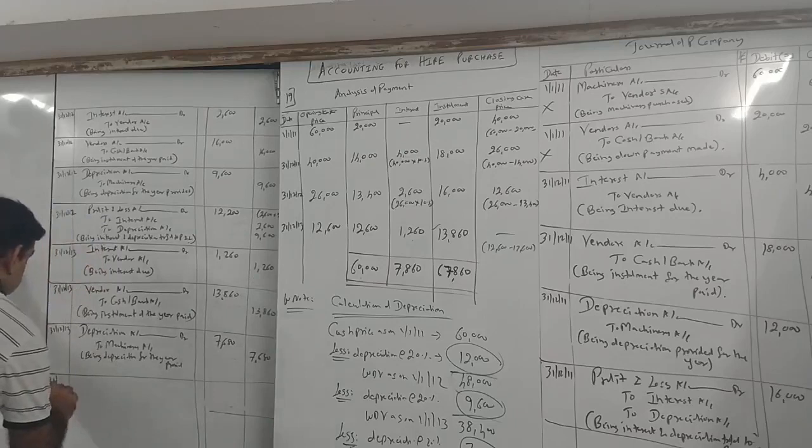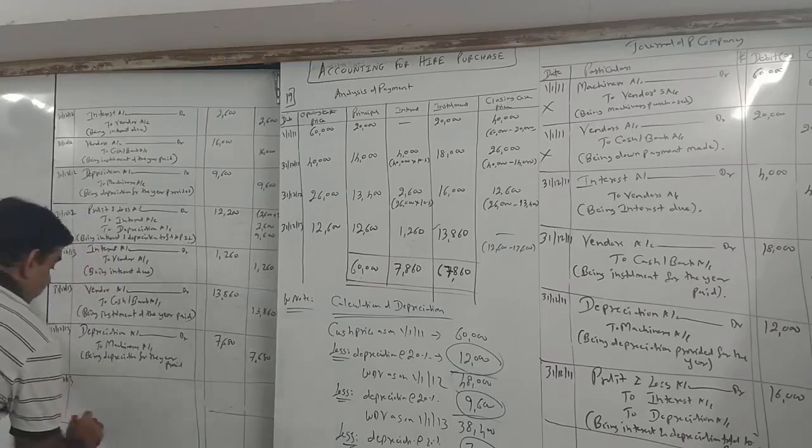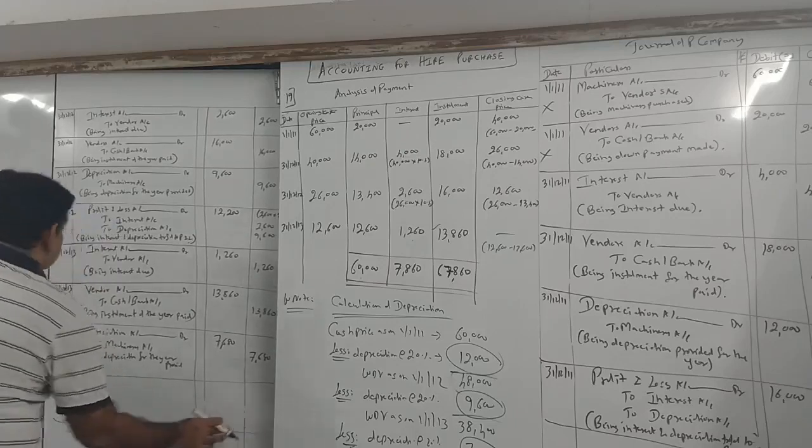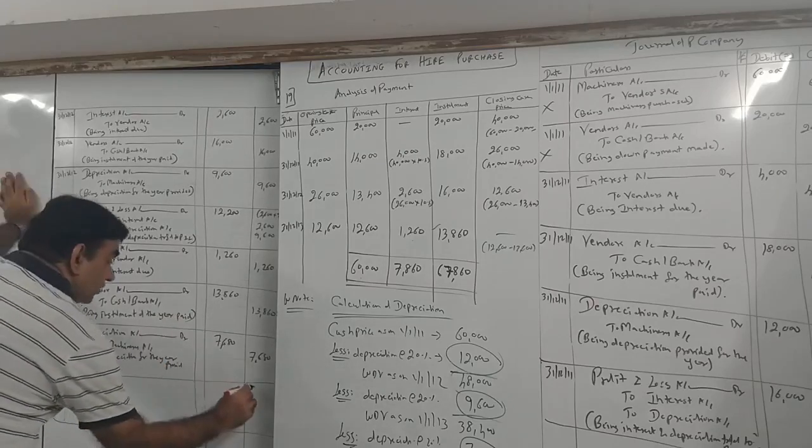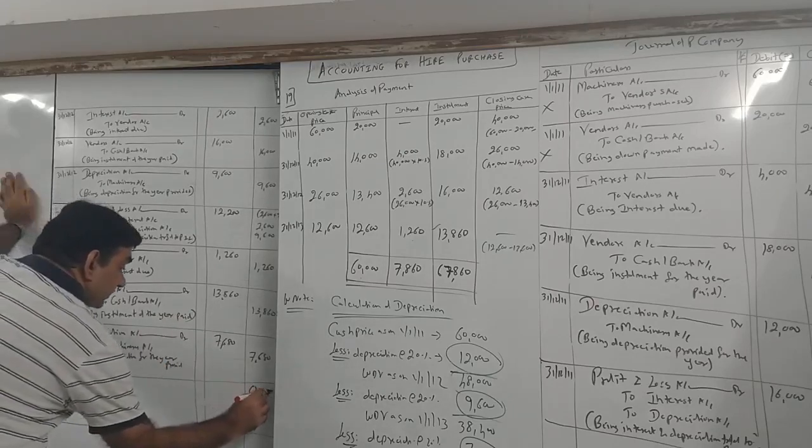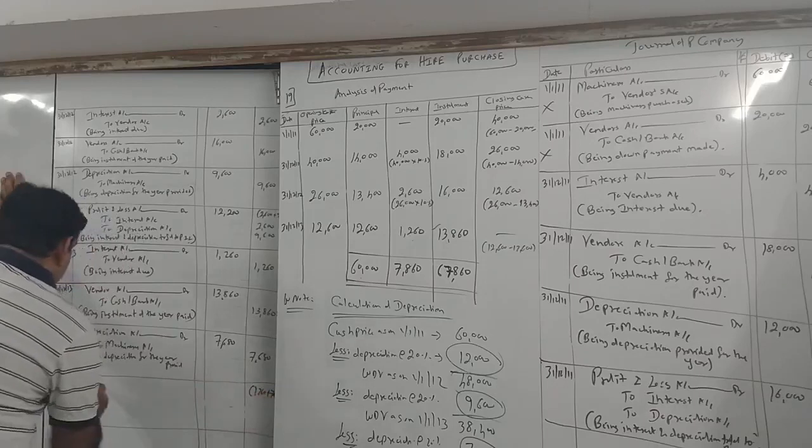And the last year, transfer depreciation and interest to P&L: 1,260 of interest and 7,680 of depreciation.